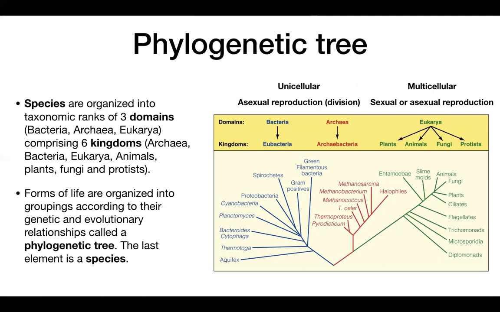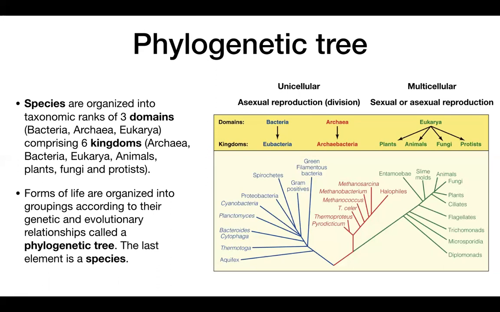Eukarya comprises the 4 kingdoms of animals, plants, fungi, and protists. The hierarchy is based on 8 major taxonomic ranks: domain, kingdom, phylum, class, order, family, genus, and finally, individual species.